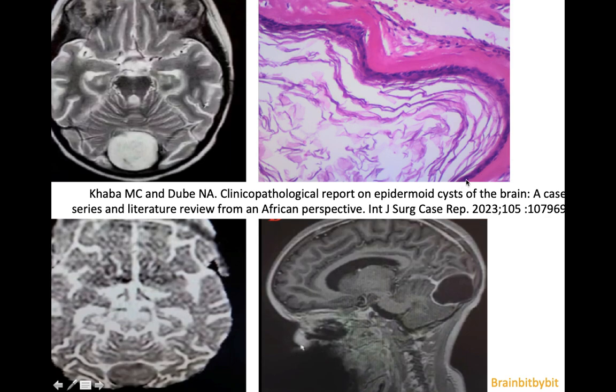And you see on microscopy, this is the wall, so it's one layer of squamous epithelium. And there are these layers of keratin that form these concentric lamella. And these concentric lamella explain why there is restricted diffusion in an epidermoid cyst.